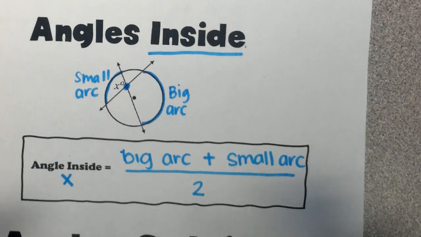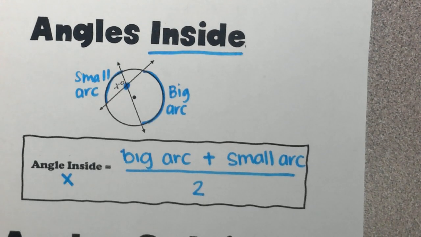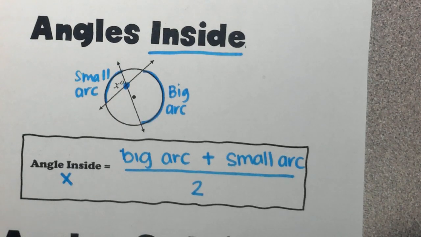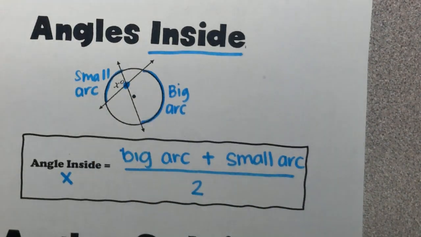The big arc is the one that has the bigger number, right? A couple different things about this. It does not matter which one you actually write first because you're adding, it'll be the same number. Okay? Yes. Just like big arc, like the biggest one? Yeah. Well, no, like the one, you'll see what I mean in a second.